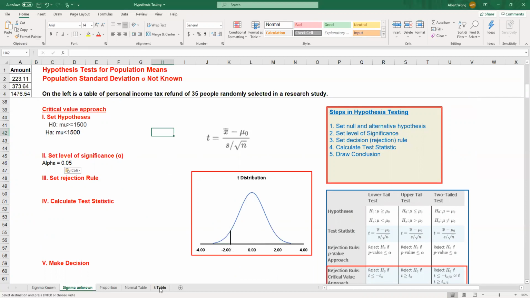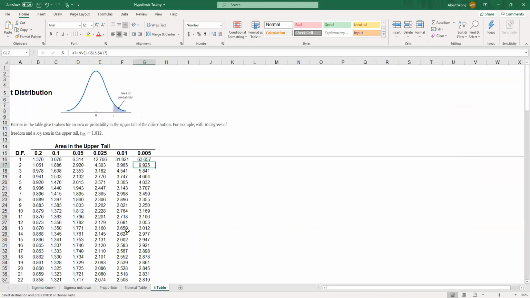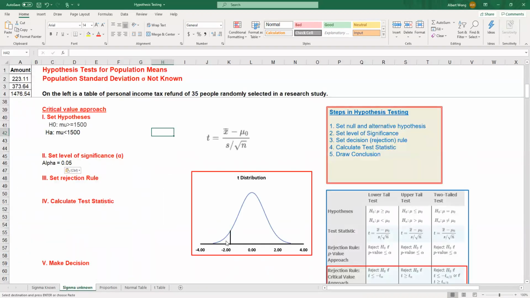Now, if you use the t-table, which you can find at the back of any textbook, you find the degrees of freedom, which is 34 in this case, and you go across, and you can only see the point that corresponds to the upper tail. In this case, it's the lower tail. But t is, as you can see from the graph, and you should always draw a graph, very much like normal.